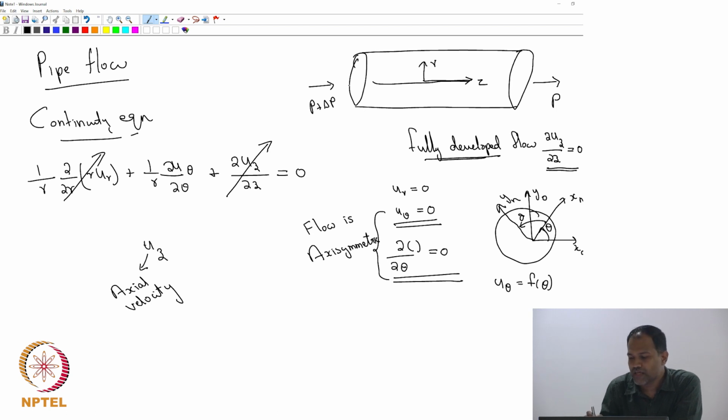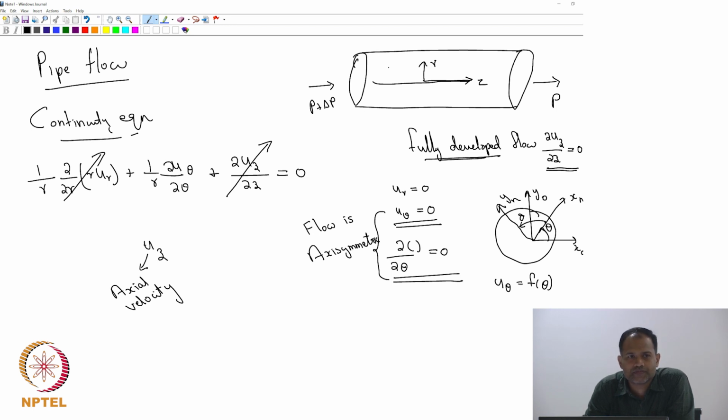For example, the flow that's coming from here to here, things are changing in the z direction. So you can say the flow is actually speeding up or slowing down. That speeding up is in space, as well as possibly in time. Wherever it is accelerating or decelerating, you will not call it fully developed. It's a developing flow as against a fully developed flow.